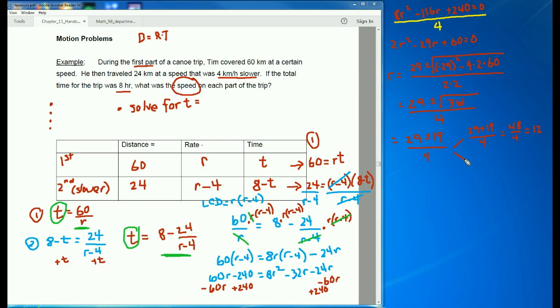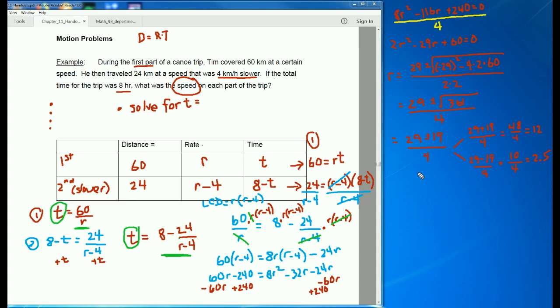Or it's 29 minus 19 divided by 4, or 10 divided by 4. And if we just put that in decimal form, it's 2.5.